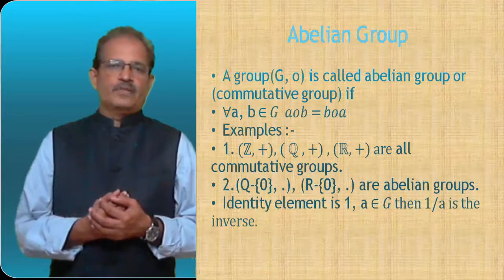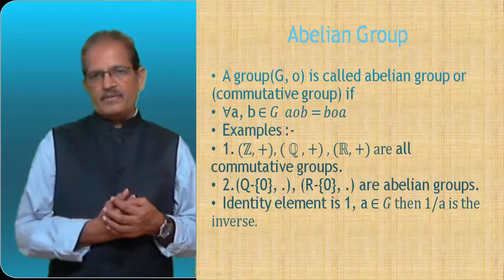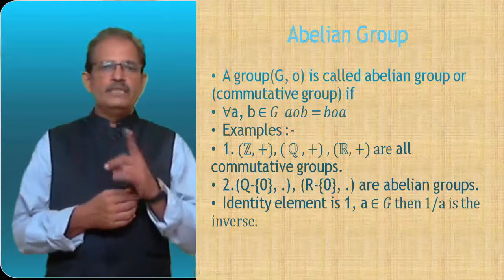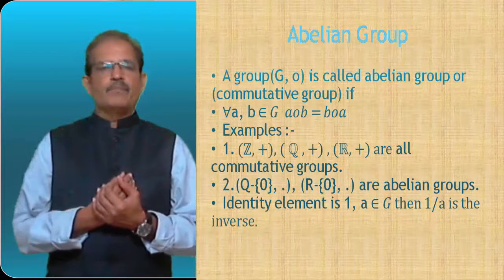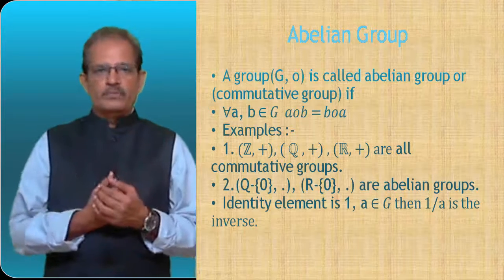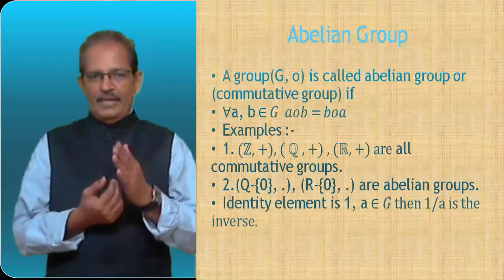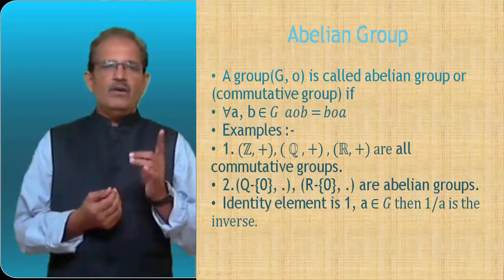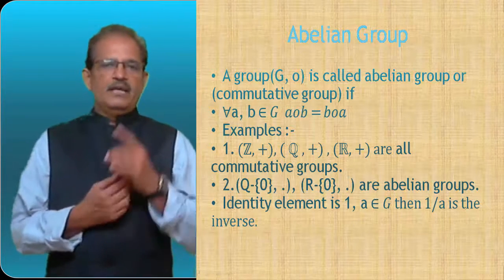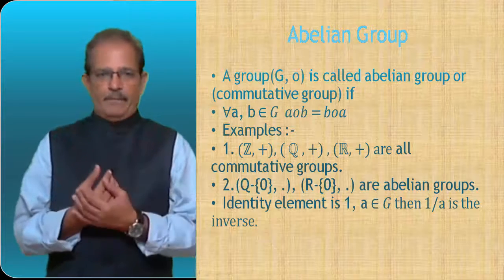Now, I would like to discuss abelian group. A group G with binary operation o is called abelian group or commutative group if for all a, b belong to G, a o b should be equal to b o a.